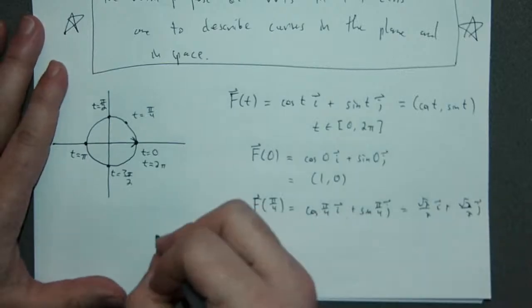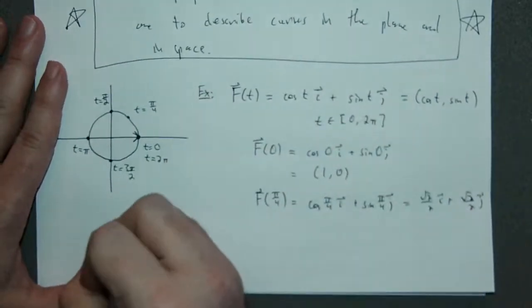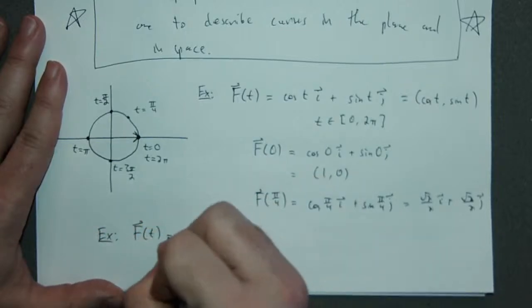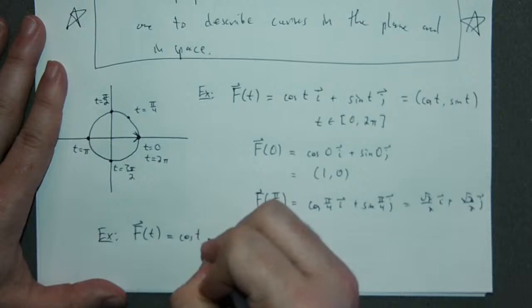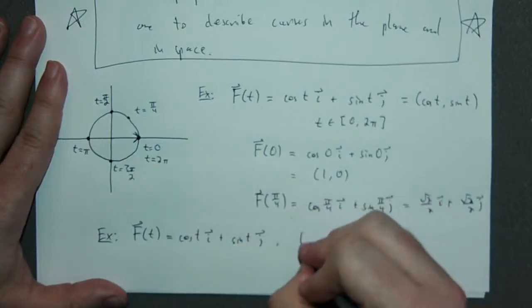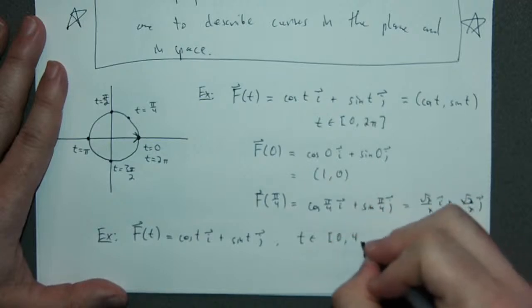So this was one example. Here's another example. What if my vector valued function is exactly the same? Algebraically, the form of it looks exactly the same. But I consider t going from 0 to 4 pi.